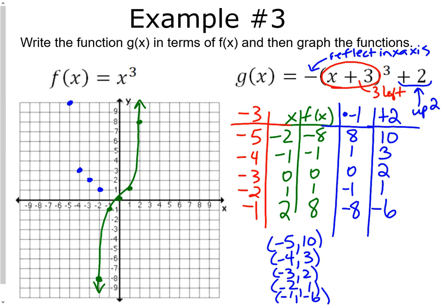And then -1, -6 is down here. So let's look at that. There we go. Isn't that beautiful? So we reflected it in our x-axis, which is why it's going in the opposite direction. So it was a reflection in the x-axis to start. And then we moved it over 3 places to the left and 2 up.